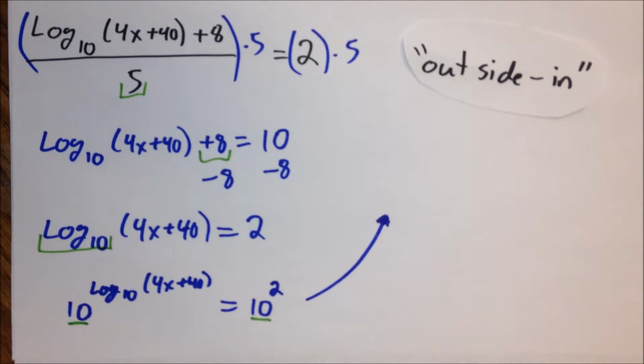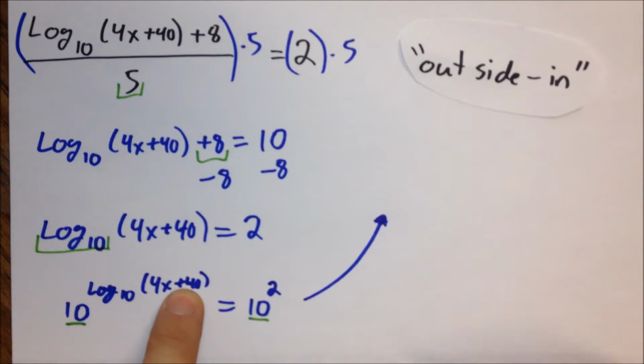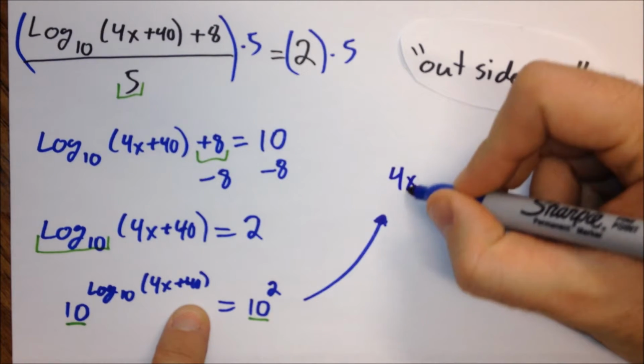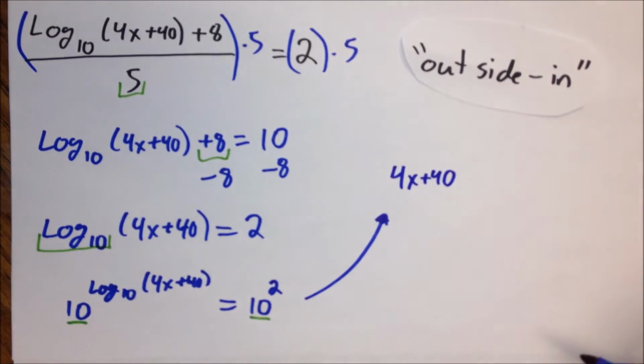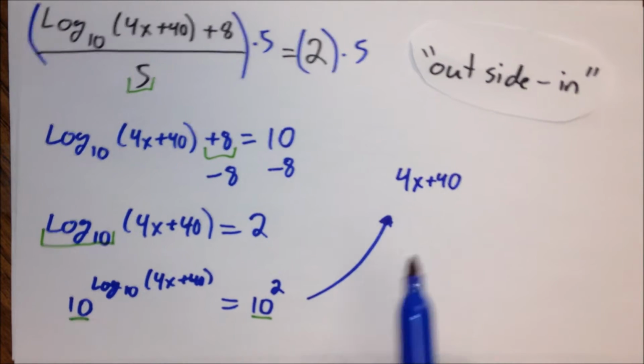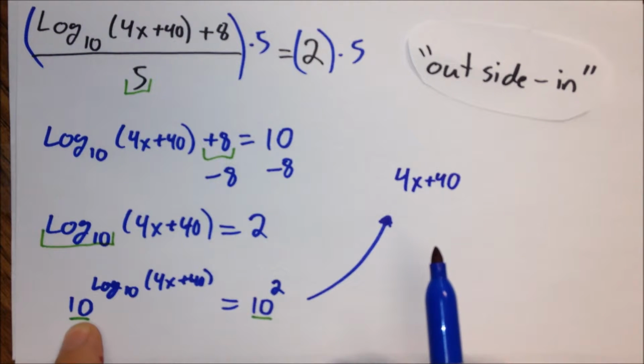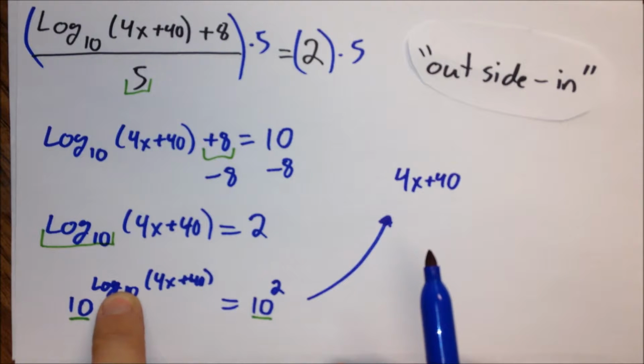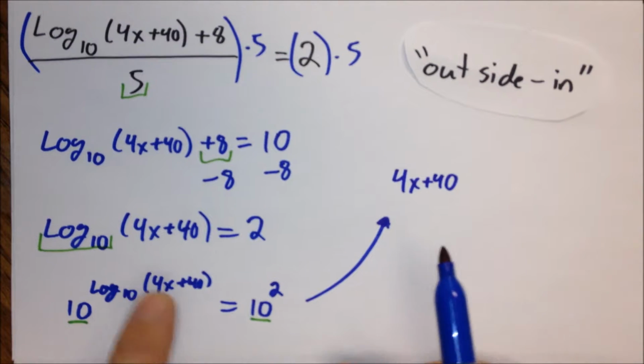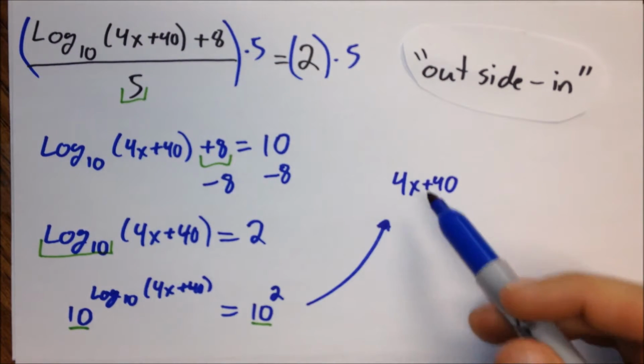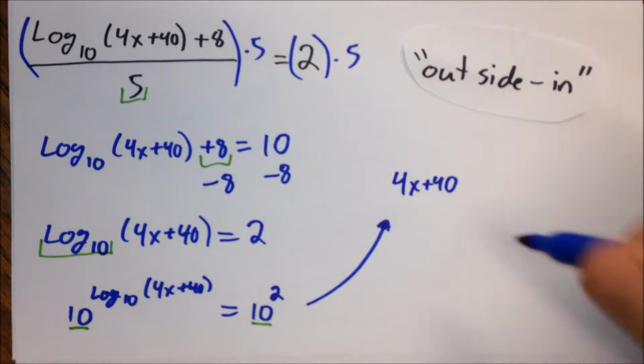So they have the opposite effect in the equation, and all that's left on the left-hand side is 4x plus 40.